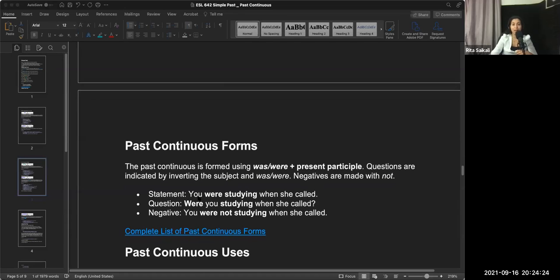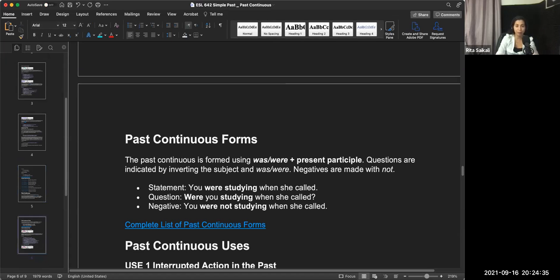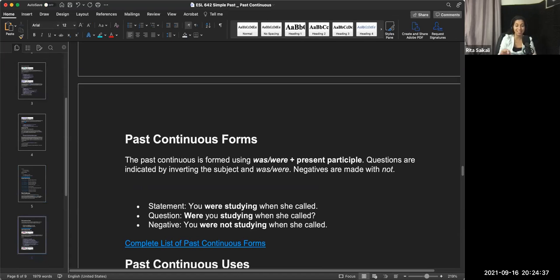So how do we form it? Just like in the simple present, we need the verb to be plus the base form of the verb plus ing. Here we also need that, but we need the past tense of the verb to be plus the base form of the verb plus ing.